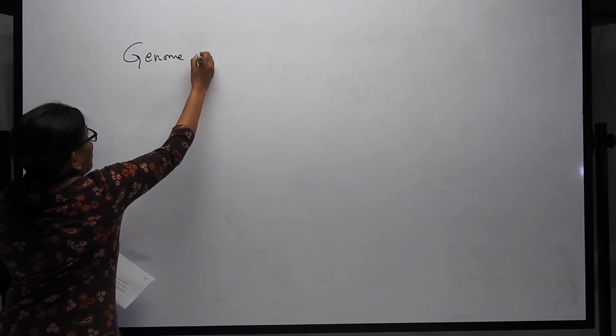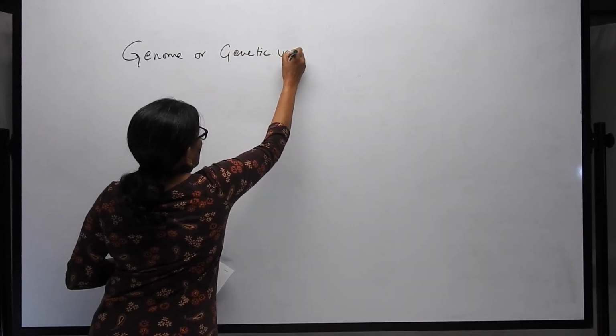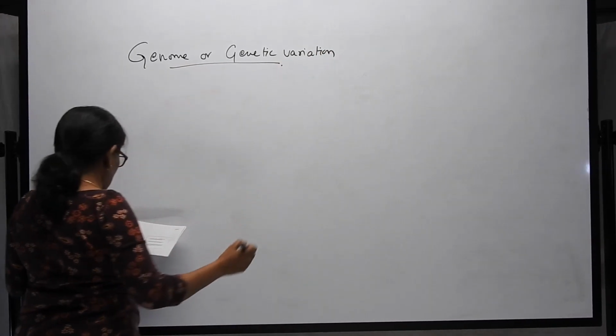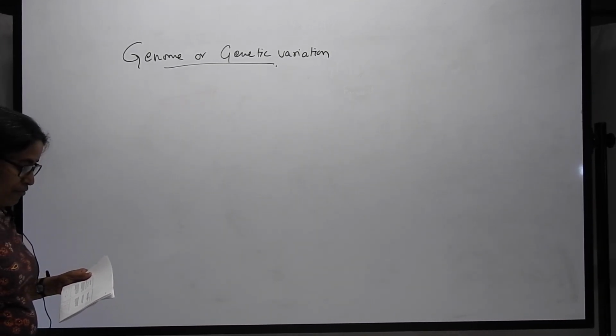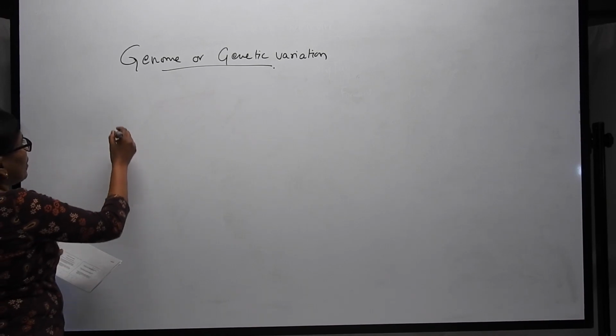Today we are going to learn about genome variation or genetic variation. All of you know that the gene is the fundamental physical and functional unit of heredity, and it is composed of nucleotides.